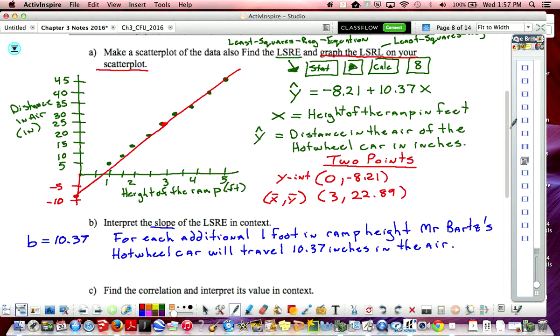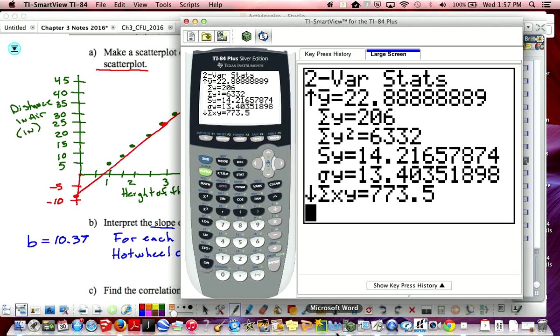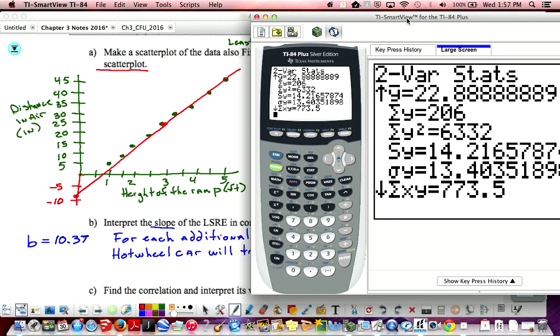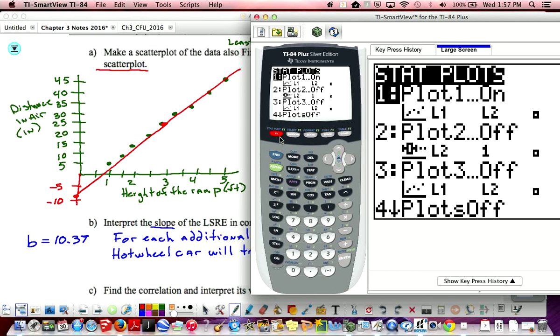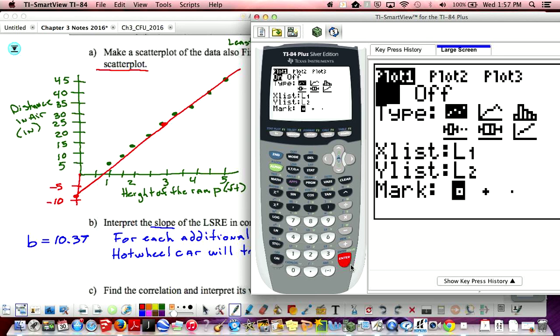Now, if I want to see how well I drew my sketch by hand, I'm going to check it versus my calculator. First of all, I want to do my scatter plot. So second y equals, I'm going to turn on the stat plot, and many of you probably already have this set to scatter plot in list 1 and list 2.